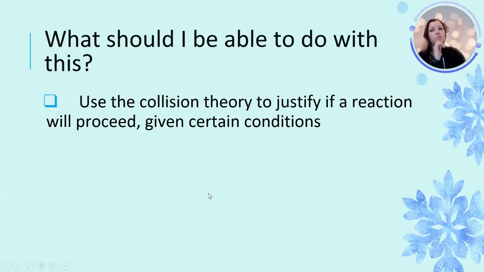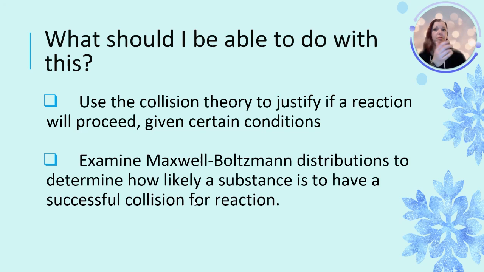So what should you be able to do with this? Number 1, you should be able to use the collision theory to justify if a reaction will proceed given certain conditions. That's really looking at the Maxwell-Boltzmann distribution, for example. You should also examine Maxwell-Boltzmann distributions to determine how likely a substance is to have a successful collision for the reaction, like comparing 2 temperatures.